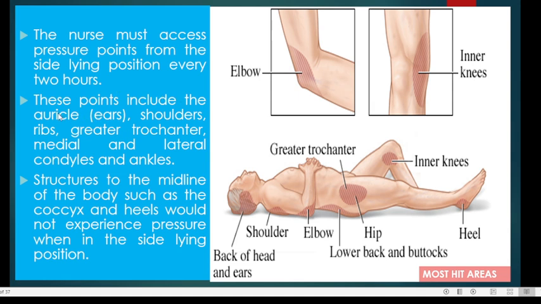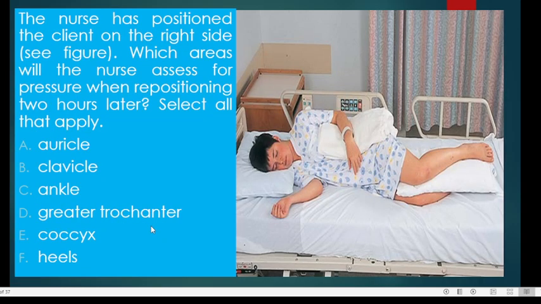So the nurse must assess the pressure points from the side-lying position every 2 hours. These include the auricle, the shoulders, the ribs, the greater trochanter, medial and lateral condyles, and the ankles. Structures at the midline, such as the coccyx and the heels, will not experience the pressure. Okay?